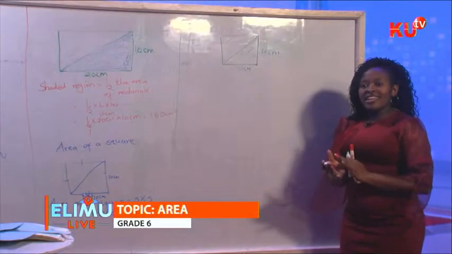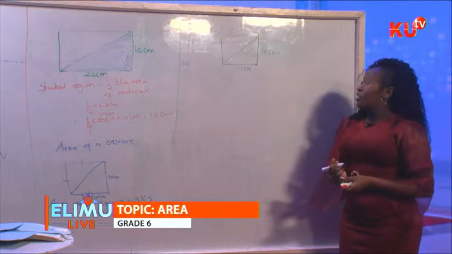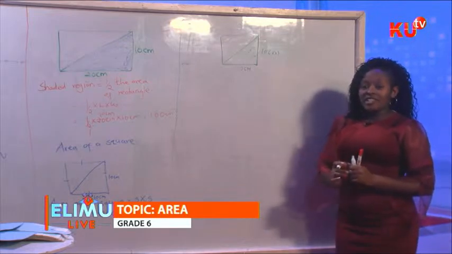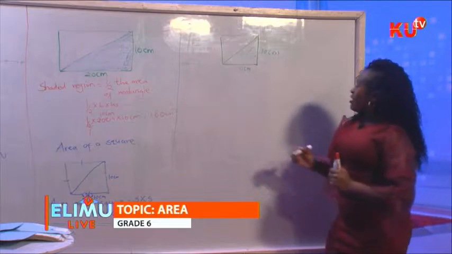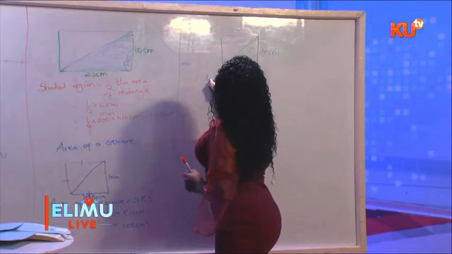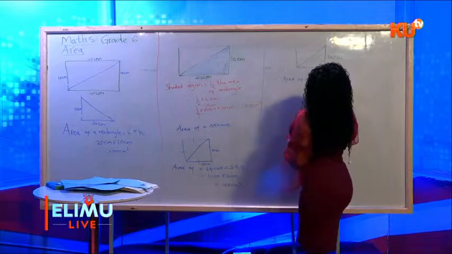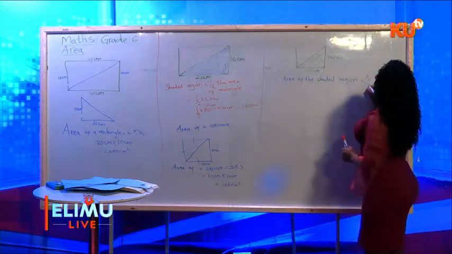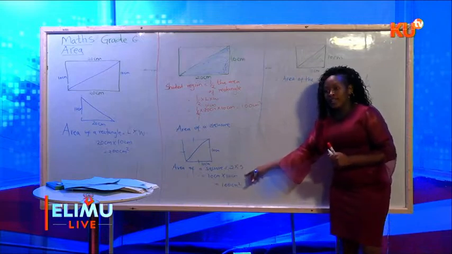Just as we discussed while finding the area of a triangle in a rectangle, we are going to do the same, whereby the area of the shaded region is equal to a half the area of the square. We have said that the area of a square is side multiplied by side.